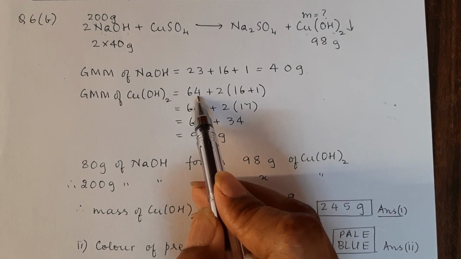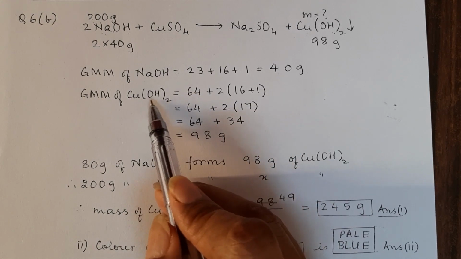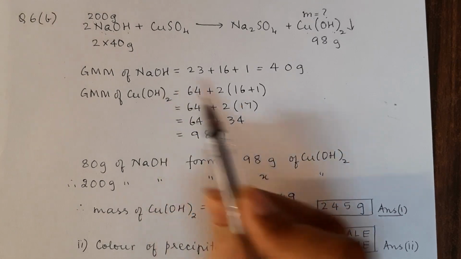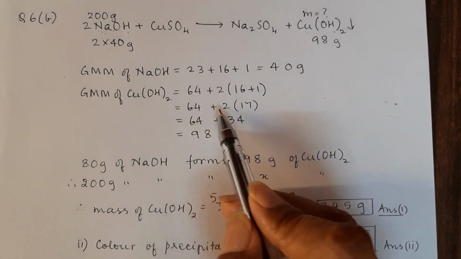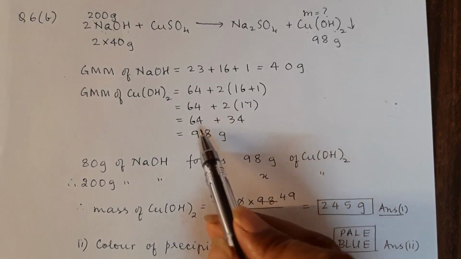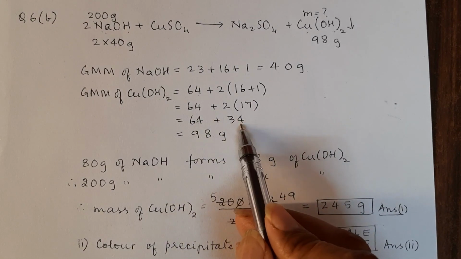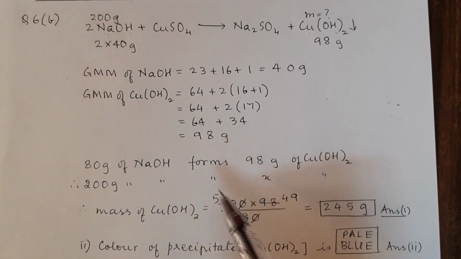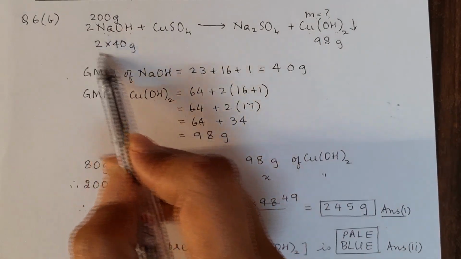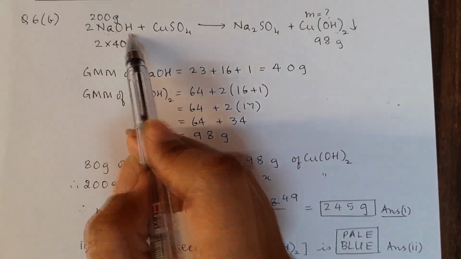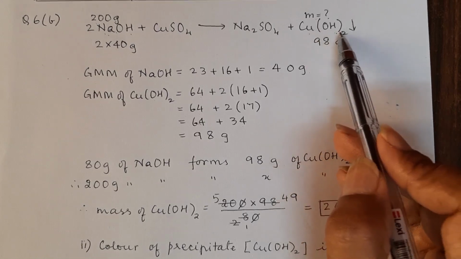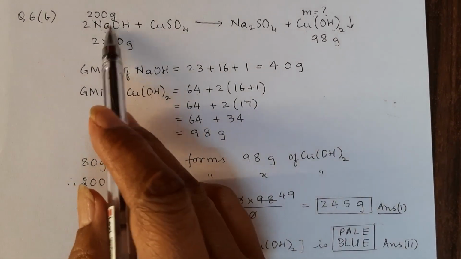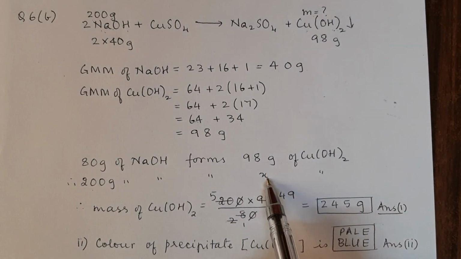Cu is 64 as it's given in the paper, and 2 into bracket 16 plus 1. Oxygen is 16, hydrogen is 1. So that gives us 64 plus 2 into 17, that is 64 plus 34, that is 98 gram. Now we will say if 80 grams of NaOH forms 98 grams of Cu(OH)2, so 200 grams will give us how much?